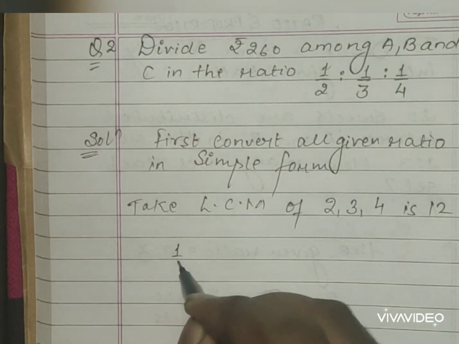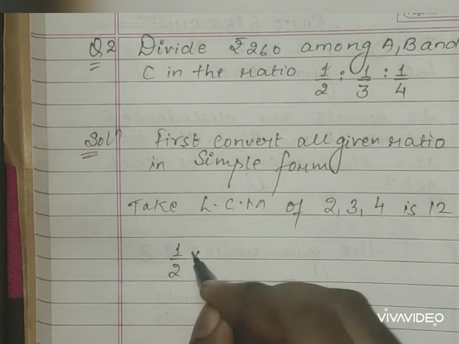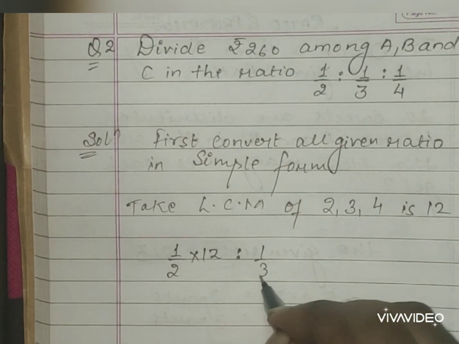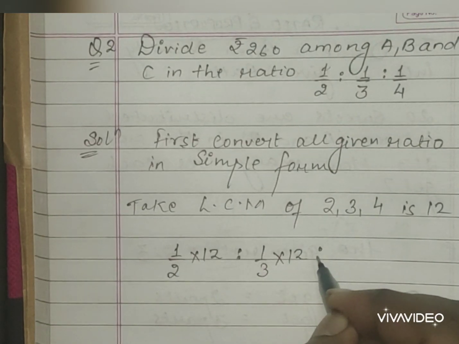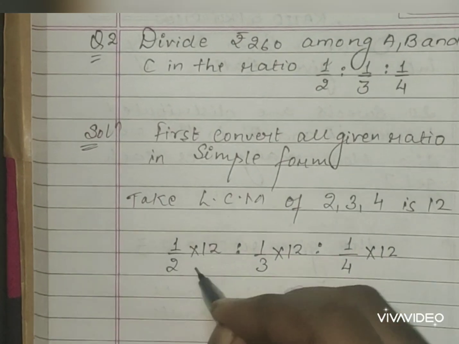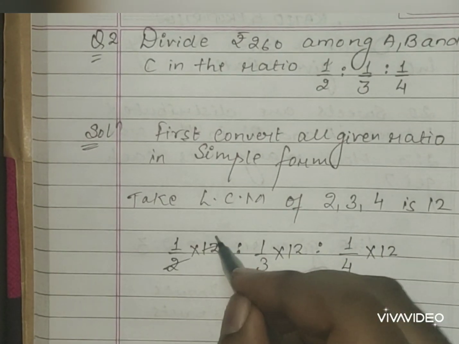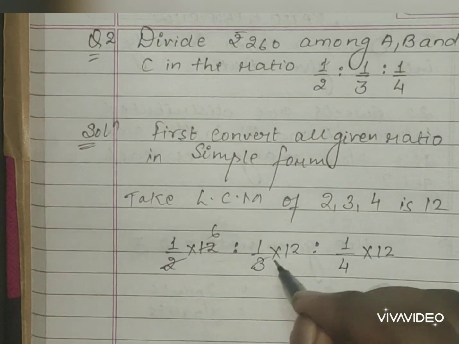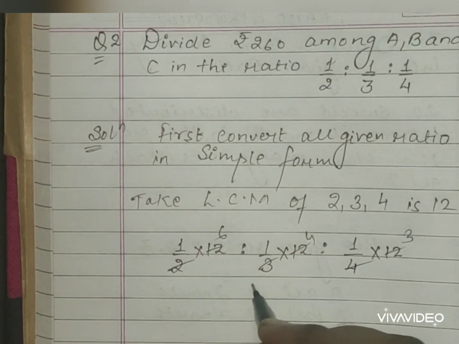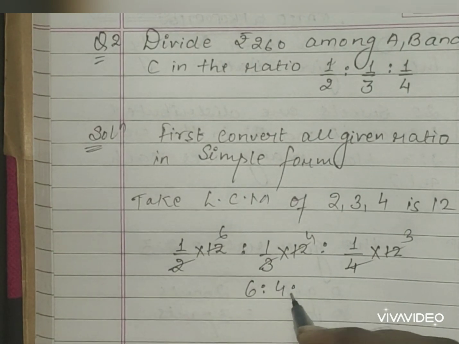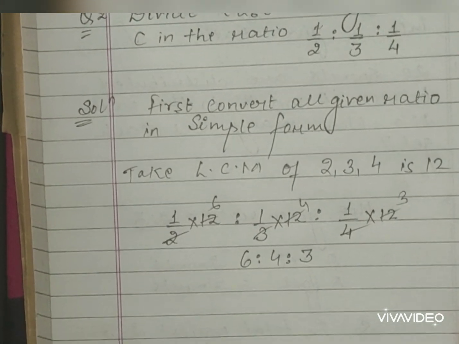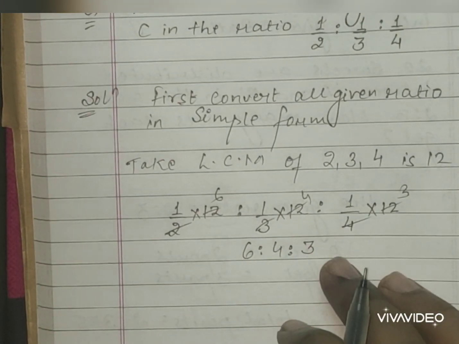So first term is 1 by 2 multiply by 12, 1 by 3 multiply by 12, 1 by 4 multiply by 12. Now 2 sixes are 12, 3 fours are 12, 4 threes are 12. So you are getting 6:4:3. Okay, these are the parts that you are getting.